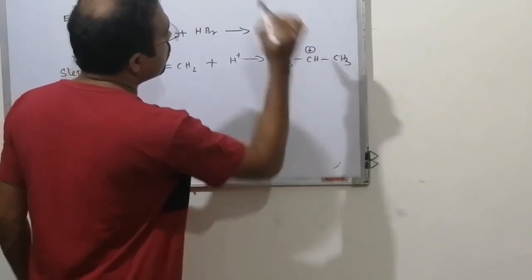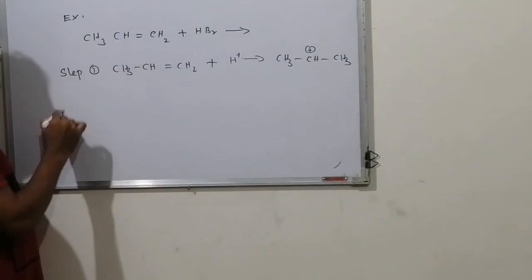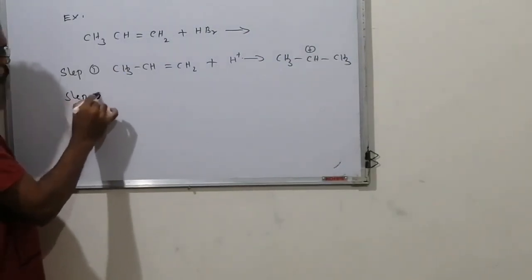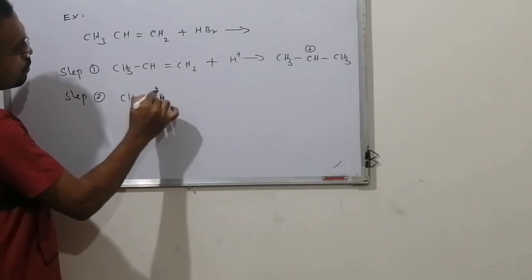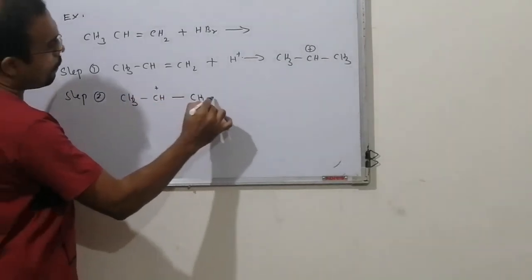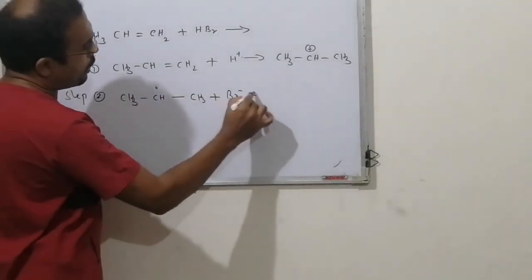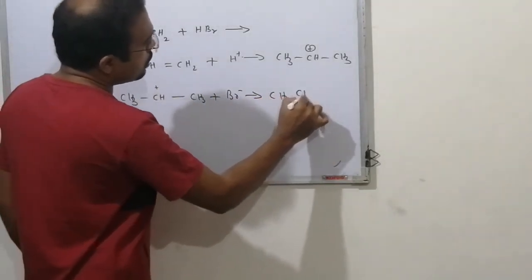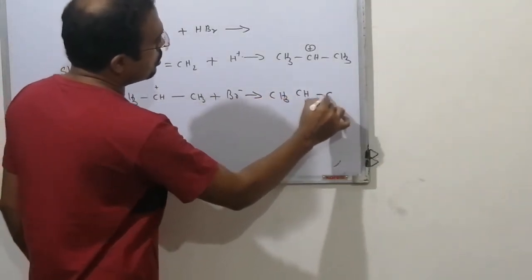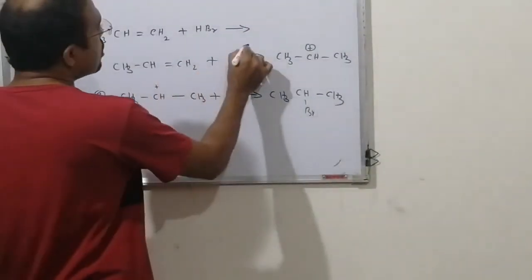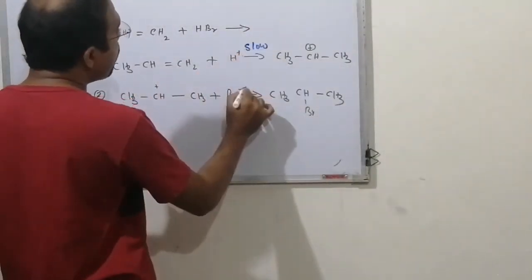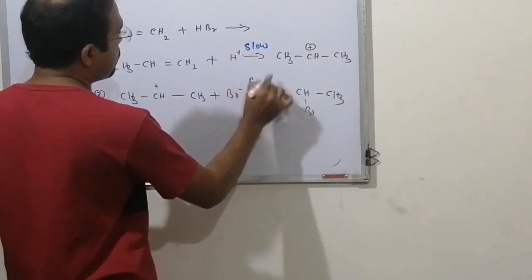This is the Markovnikov's product. Step 2, CH3CH+CH3 plus Br- gives CH3CHBrCH3. And you will say this is the slow step, this is the fast step.